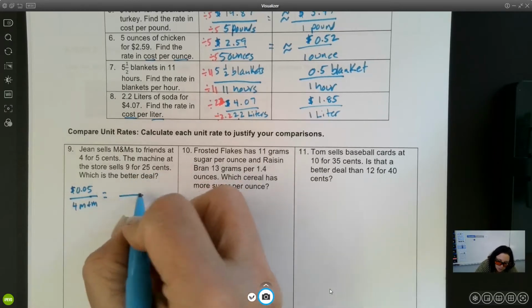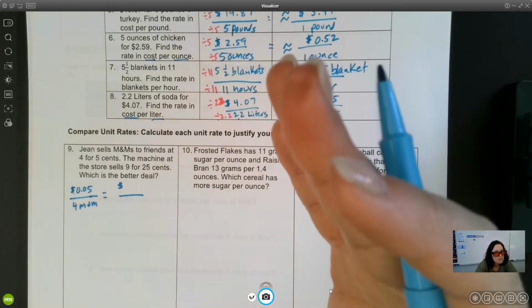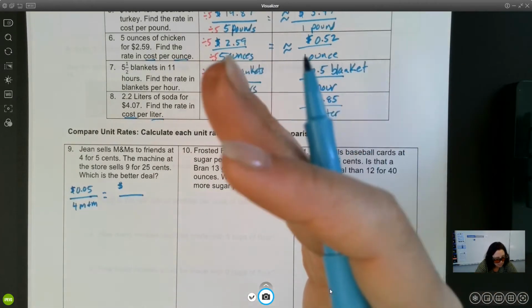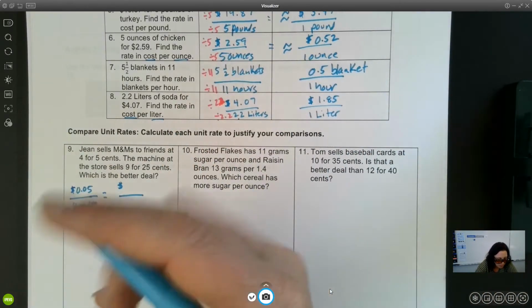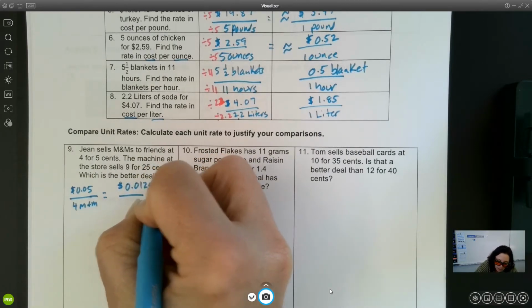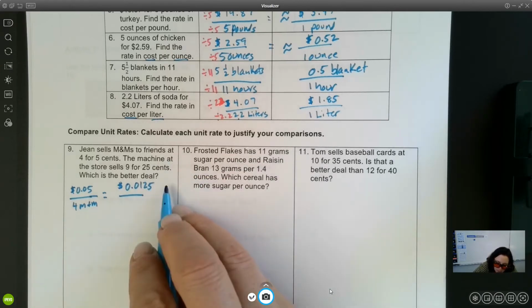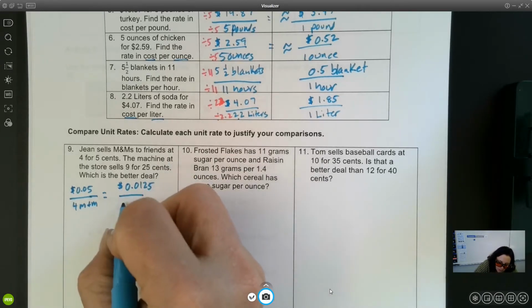That comes out to be, and this is a weird decimal answer for money, but I have to put it down so I can compare it with my other decimal answer for money. You get 0.0125, so that's a little bit more than a cent for 1 M&M.